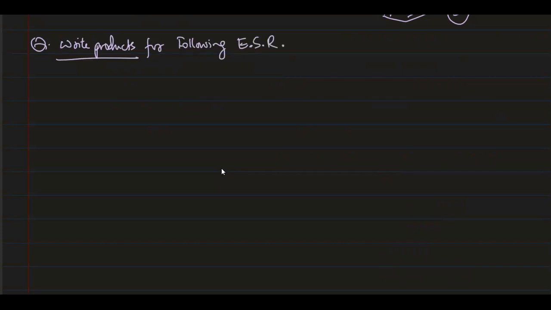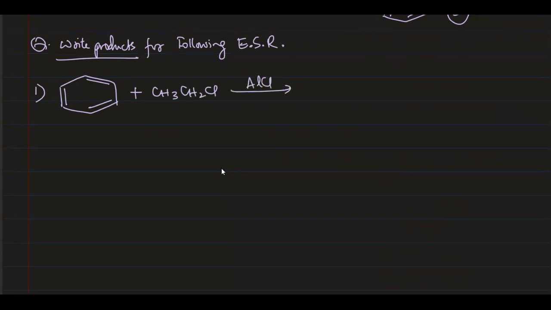Basically, we should be able to identify the electrophile here. Suppose this is the benzene ring, plus CH3CH2Cl in presence of AlCl3.